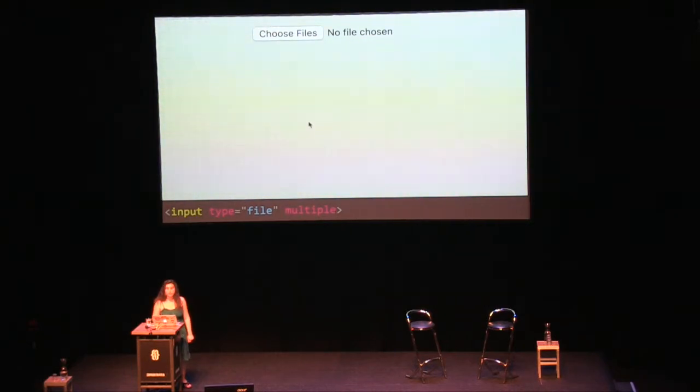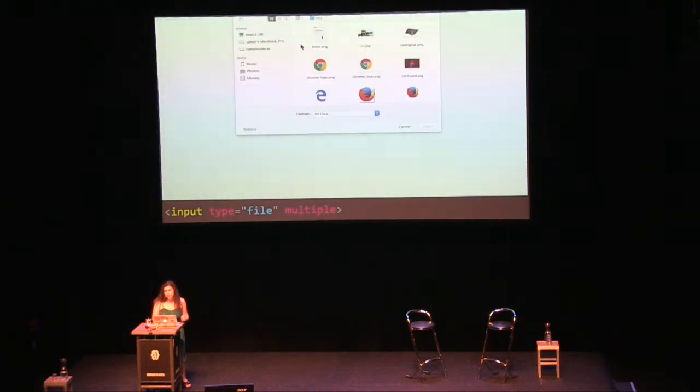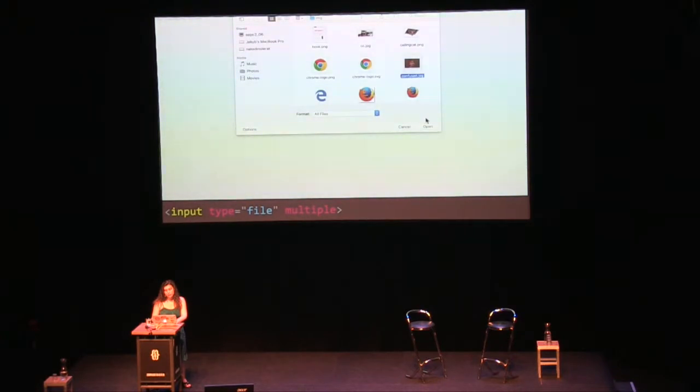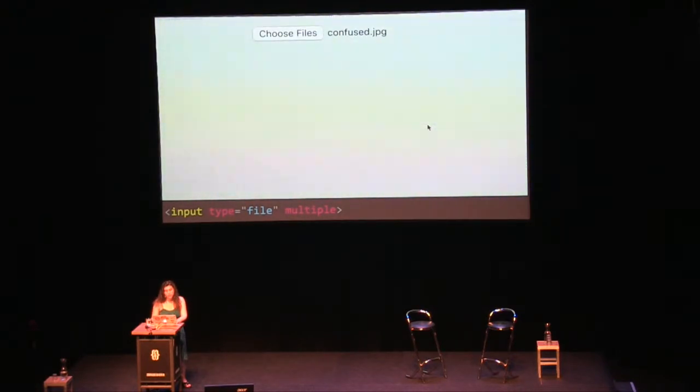And the first thing you might have noticed is that now the label of the button became "Choose files", because now I can choose multiple. And now this works. And of course, command clicking and everything. And if I select multiple files, it just tells me 2 files. If I select one, it acts the same way as it usually does. And this is pretty good browser support, by the way.